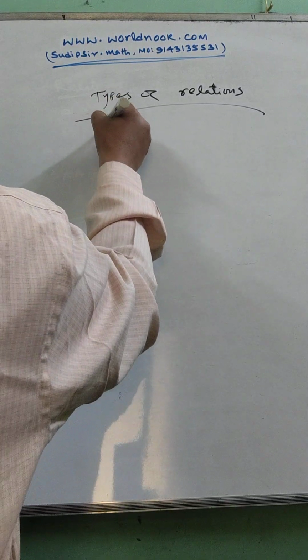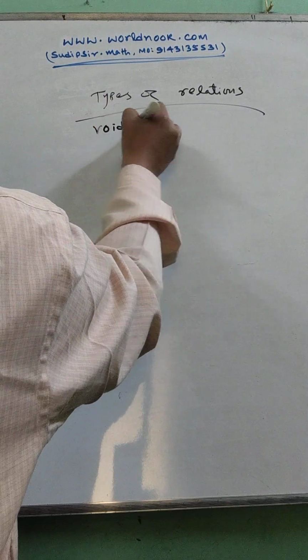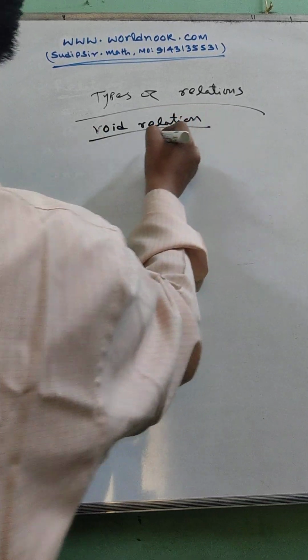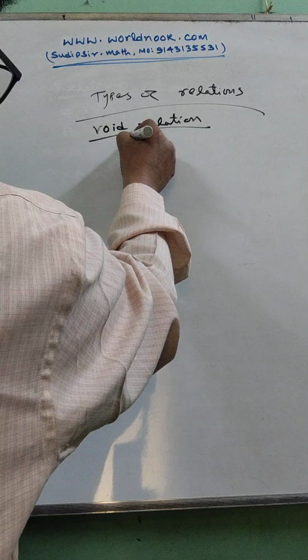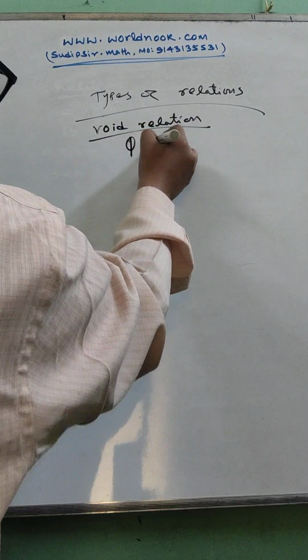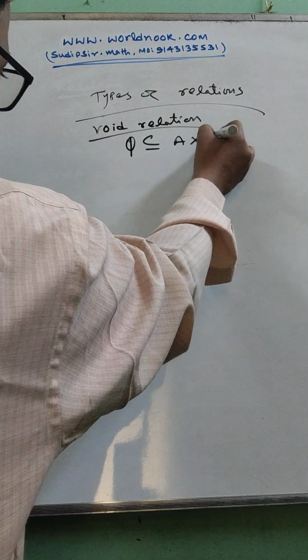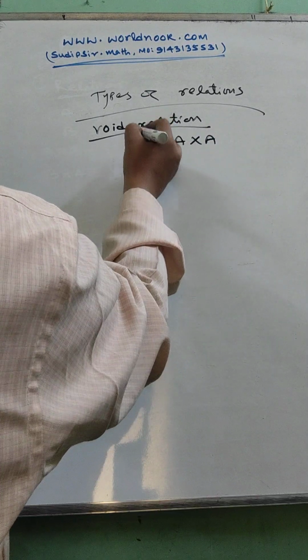Void relation. This does not have any elements, that is phi. It is a subset of A cross B, so it does not have elements.